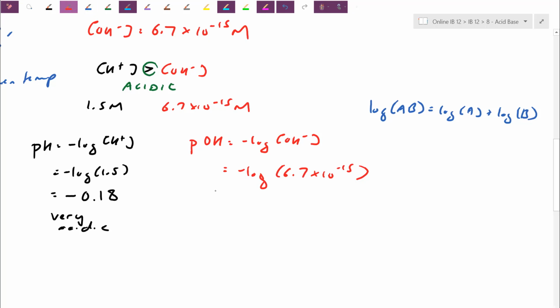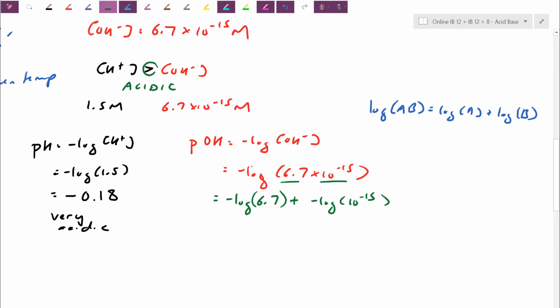I'm going to show you one middle step, which I don't normally show. It's like taking the negative log of 6.7 and then adding the negative log of 10 to the negative 15. So I'm taking my 6.7 as my A and 10 to the negative 15 as my B. Because of the log rule, it's log of the first thing plus log of the second thing.